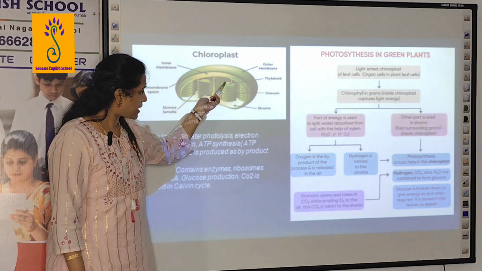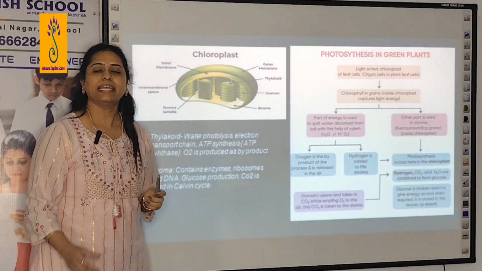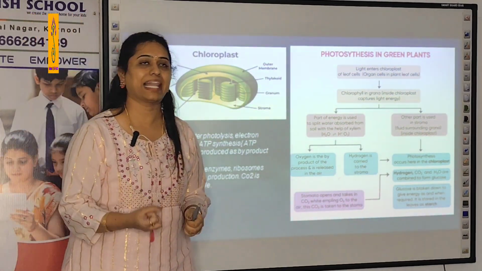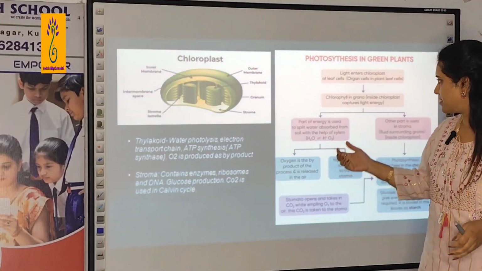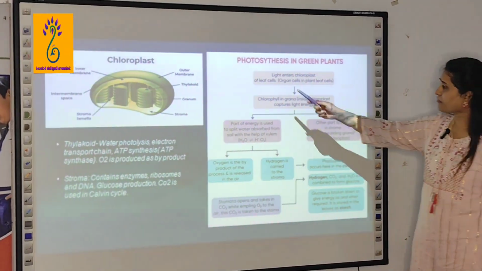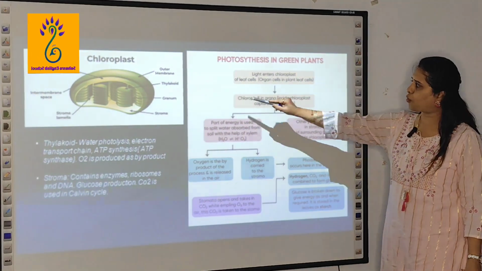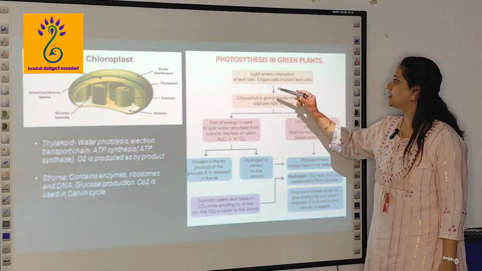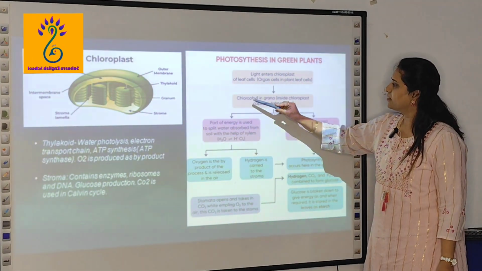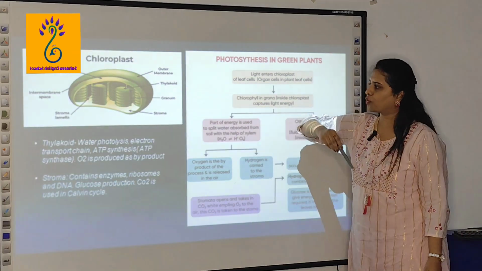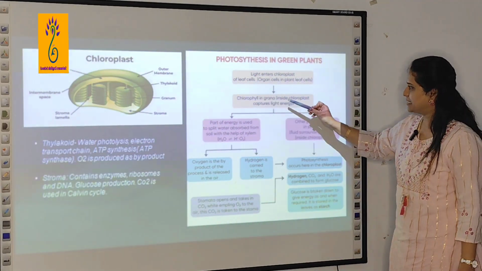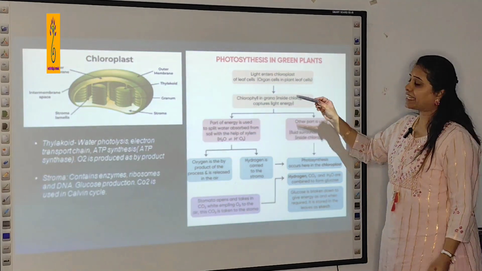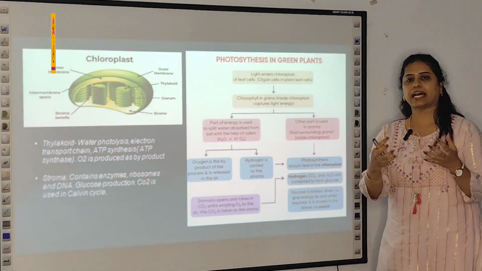The chlorophyll present in the thylakoid absorbs light. We'll see that process in steps. Light enters the chloroplast of the leaf cells. Then the chlorophyll, as I told you, is present in the thylakoid, that is present in the grana, and it captures the light energy.